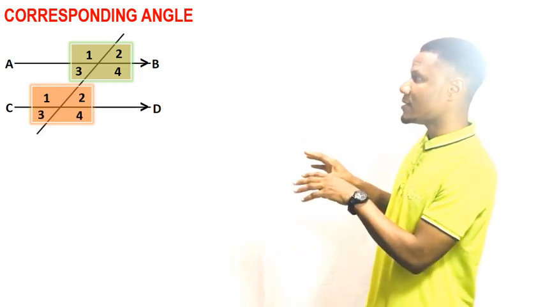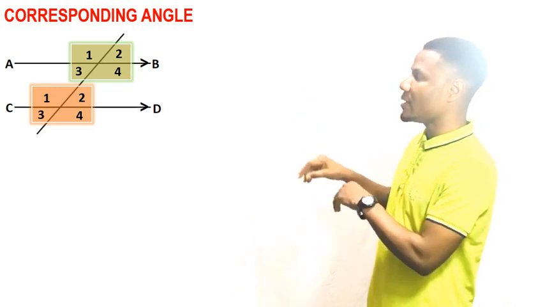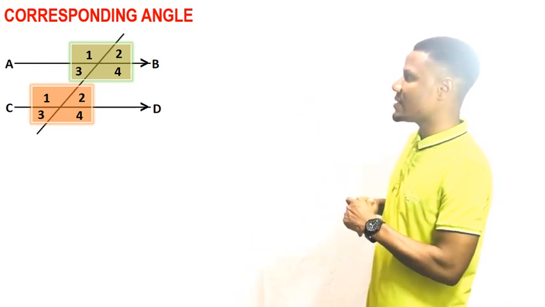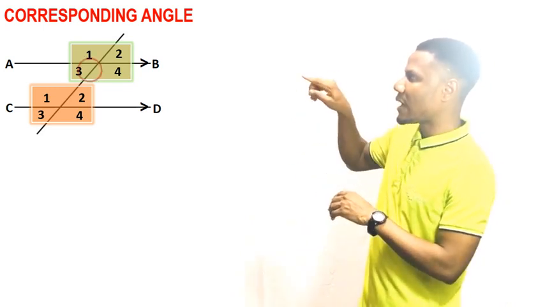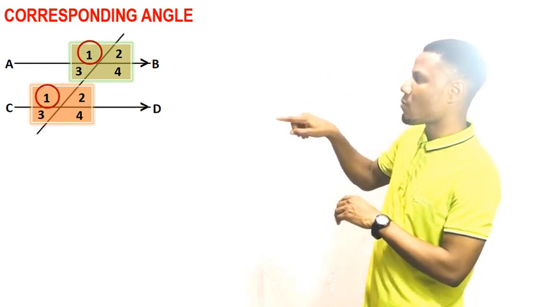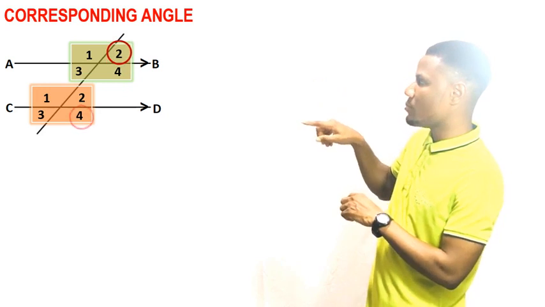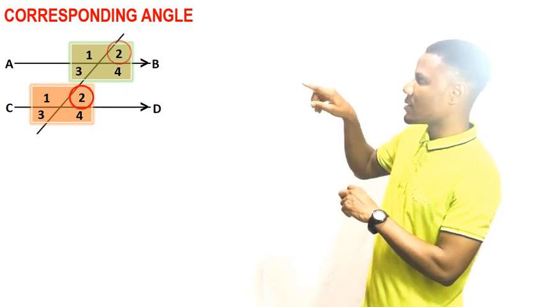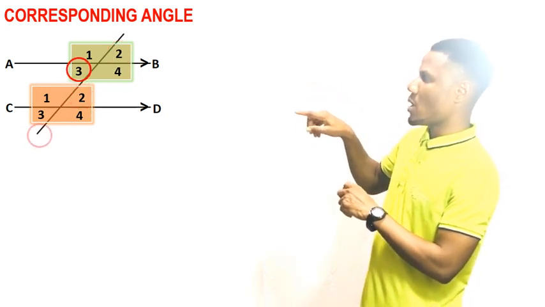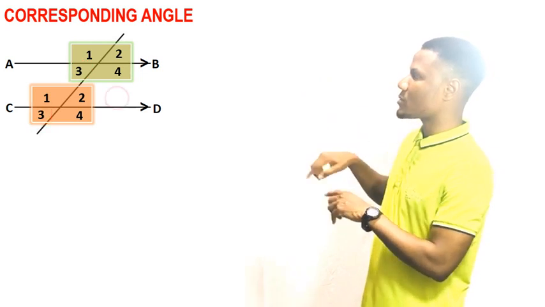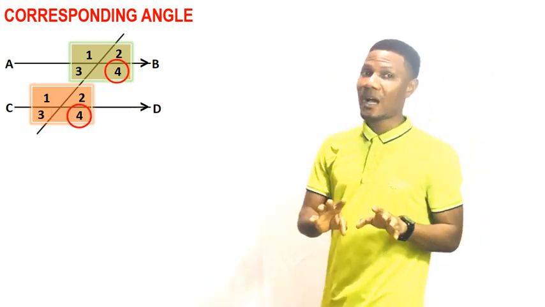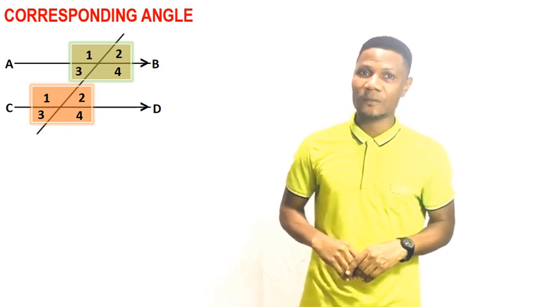It is very easy. Merely looking at the numbering in the box, you can easily say that number 1 at the top corresponds to number 1 below. Number 2 at the top corresponds to number 2 below. Number 3 at the top corresponds to number 3 below. Number 4 at the top corresponds to number 4 below. So that's how you identify corresponding angle.